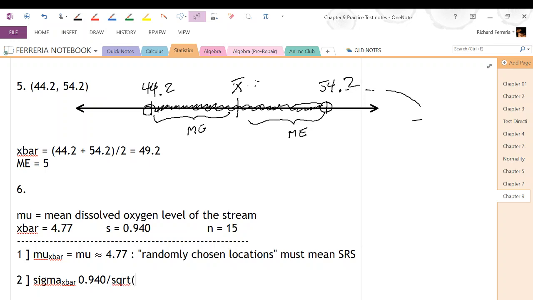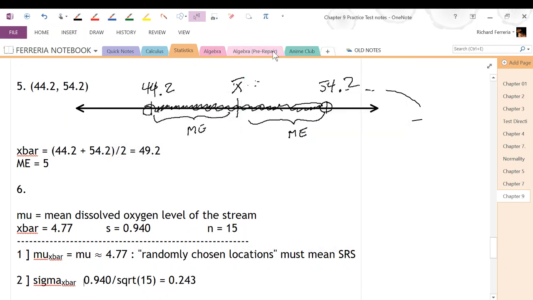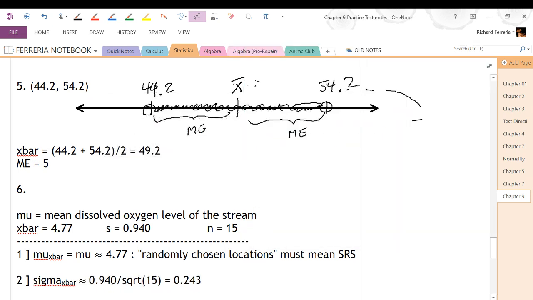What's our sample size? 15, yeah. That looks good to me. Okay.